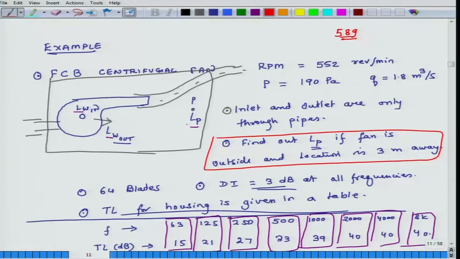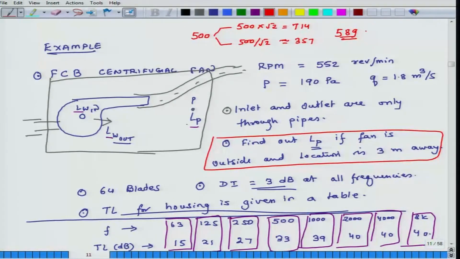You compute the band limits: the lower limit of the 500 hertz band is 500 divided by root 2, and the upper limit is 500 into root 2. The upper limit is about 714 hertz, and the lower limit is about 357 hertz.